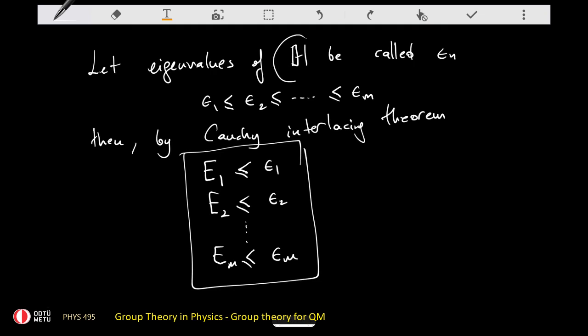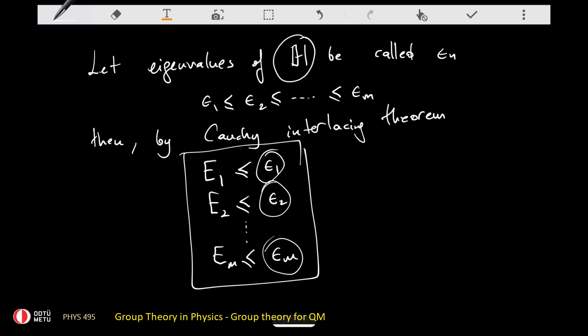We usually think of this as an approximation because we use these kind of matrices only for approximate calculations. So these are the meanings of the approximate eigenvalues, right? Eigenvalues of that approximate matrix. So these eigenvalues somehow form an upper bound to the real eigenvalues.